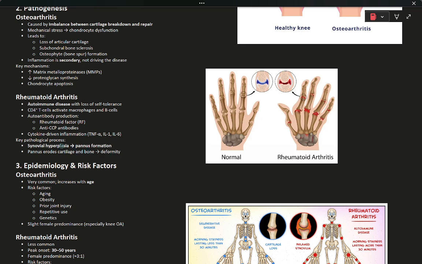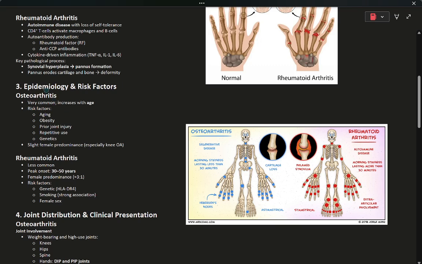So that's the difference between the pathophysiology of rheumatoid arthritis versus osteoarthritis. Let's remember that there is autoantibody production in rheumatoid arthritis, such as the rheumatoid factor and the anti-CCP antibodies, and that you're going to have CD4 plus T cell activation of macrophages and B cells.